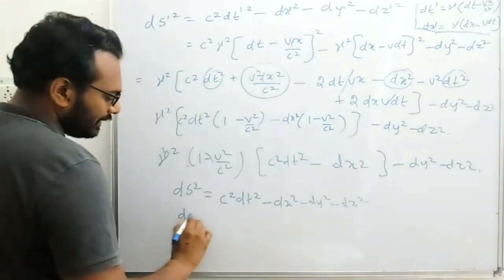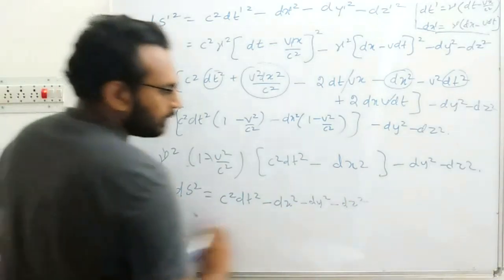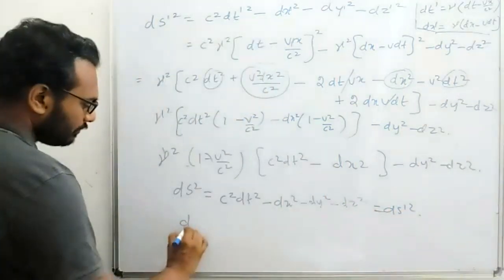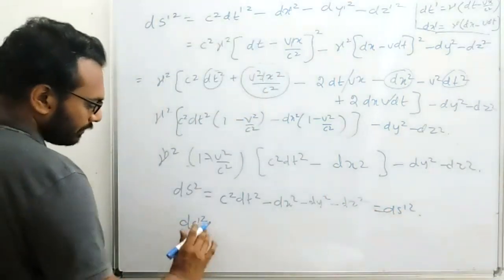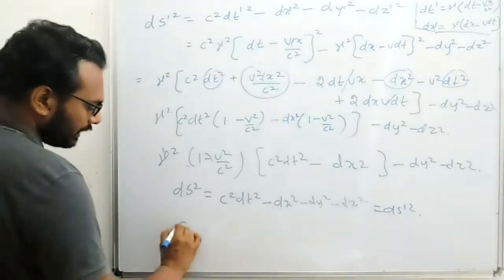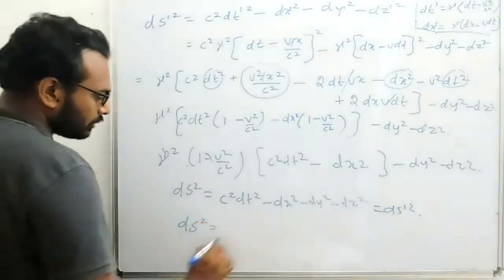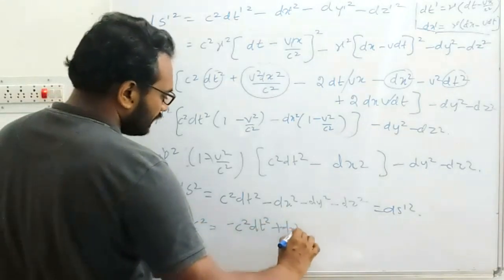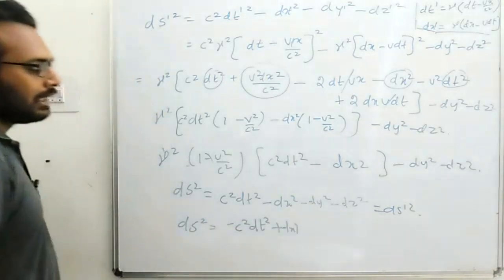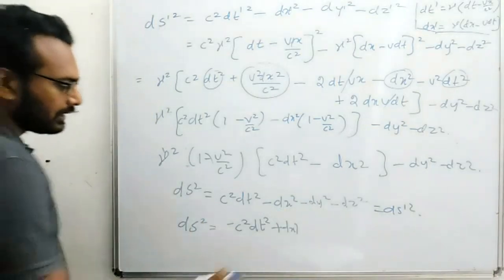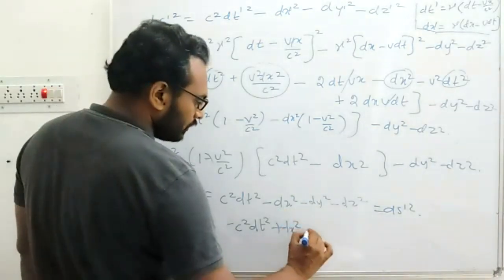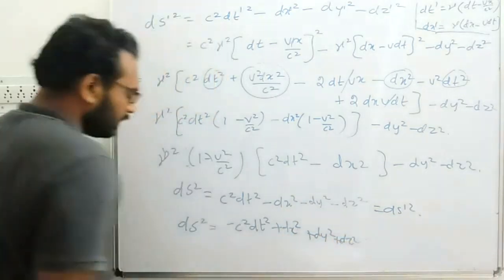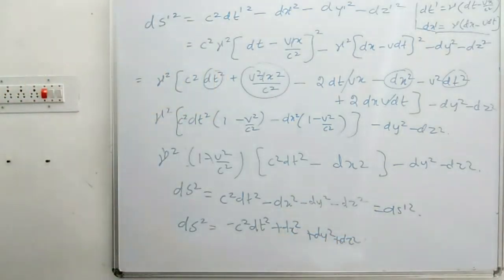We can say ds square equals ds prime square, or we can look at the minus sign version, also called ds square. This quantity is also invariant. Just multiply it throughout by a minus sign, and the minus sign does not change when you make a Lorentz transformation. So this quantity is also invariant.